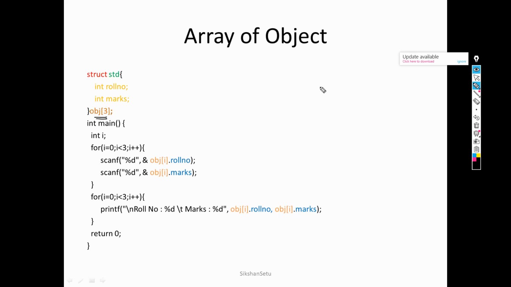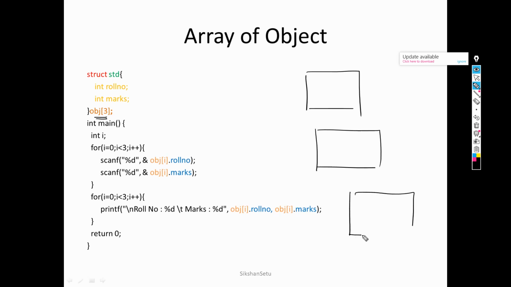Now what will happen? There will be three big boxes, 1, 2 and 3. Why 3? Because it's an array of objects. So this will be obj of 0, this will be obj of 1 and this will be obj of 2.